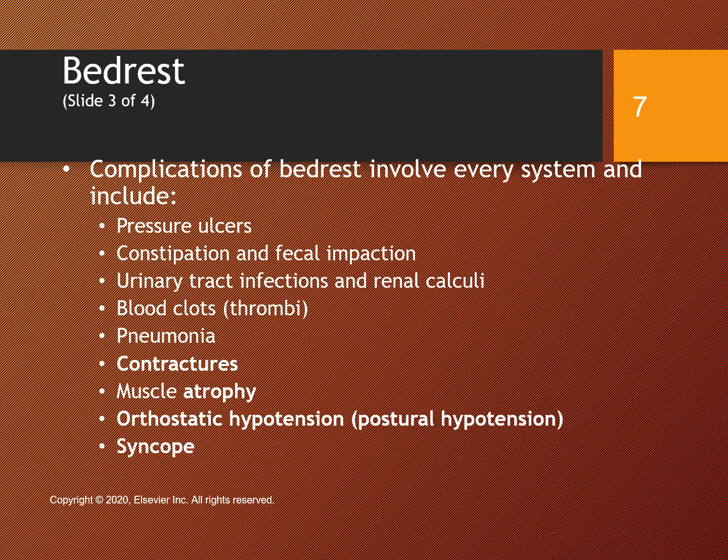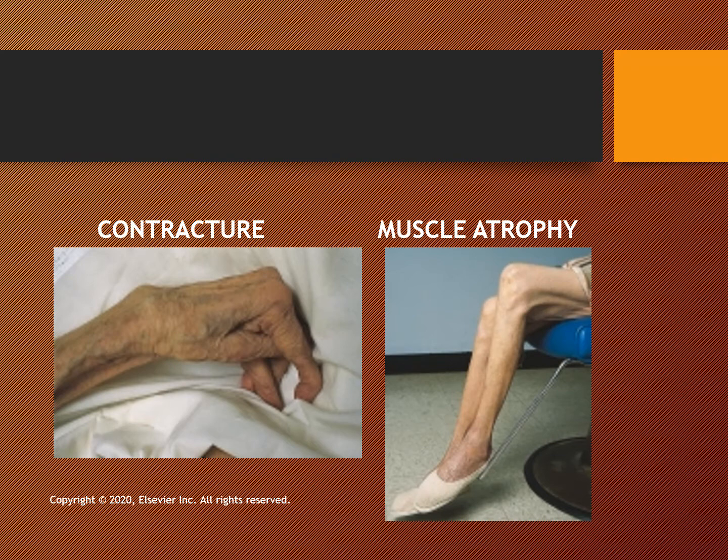Slowly changing positions is the key. When a person moves from lying or sitting to a standing position, the blood pressure drops. Syncope, which means fainting, a brief loss of consciousness, can occur. On the left-hand side, you have the contracture, and muscle atrophy is on the right-hand side.